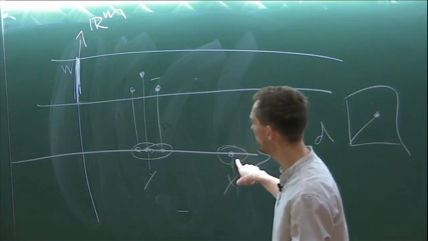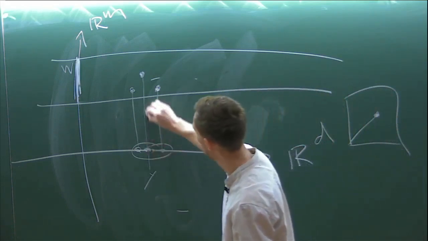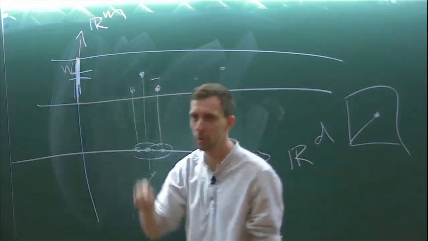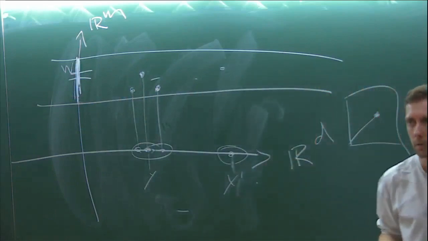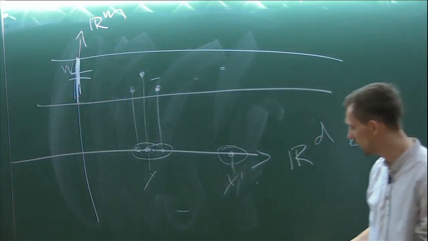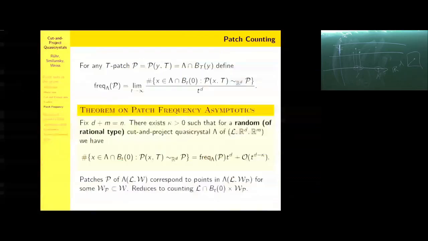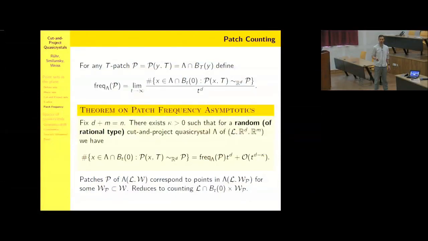Then you're going to see the same patches if the lifts of these y are close together in the upstairs window. Using this observation, this patch frequency count reduces to counting lattice points in this big ball, or some general sequence of monotonic sets, times some special window associated to this patch.